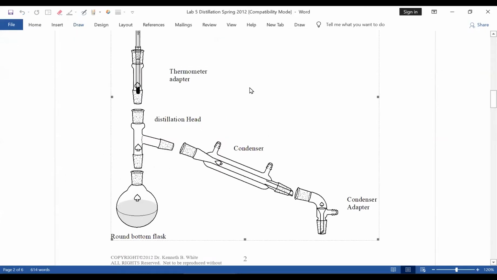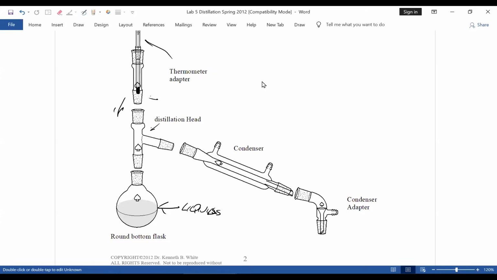All right, this is called a distillation apparatus. In the round bottom flask, you put whatever liquids or mixture you're trying to separate. Then you have a still head or distillation head. You have an adapter with a thermometer. These two go together.